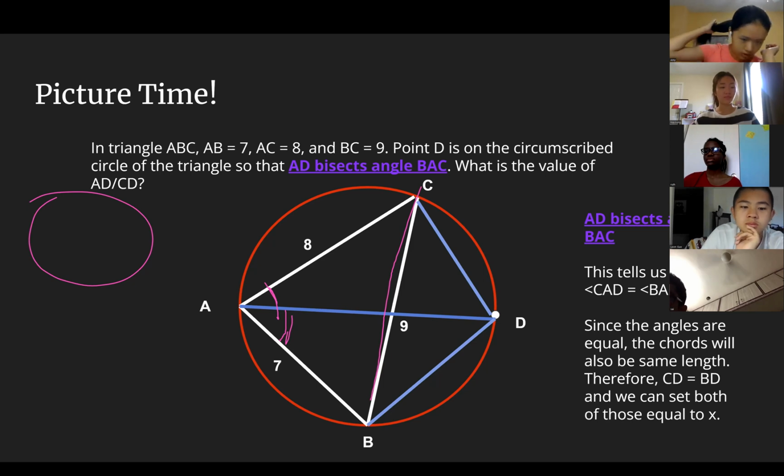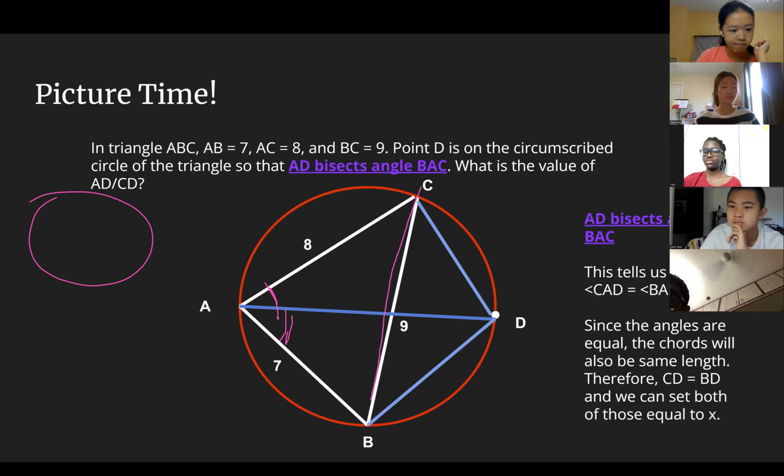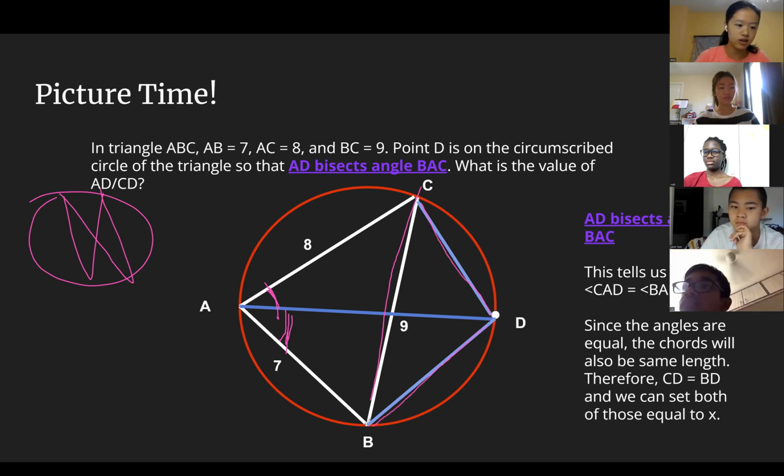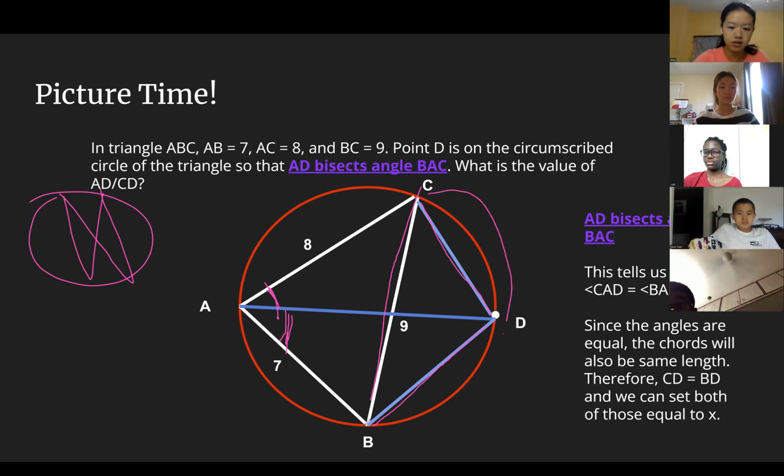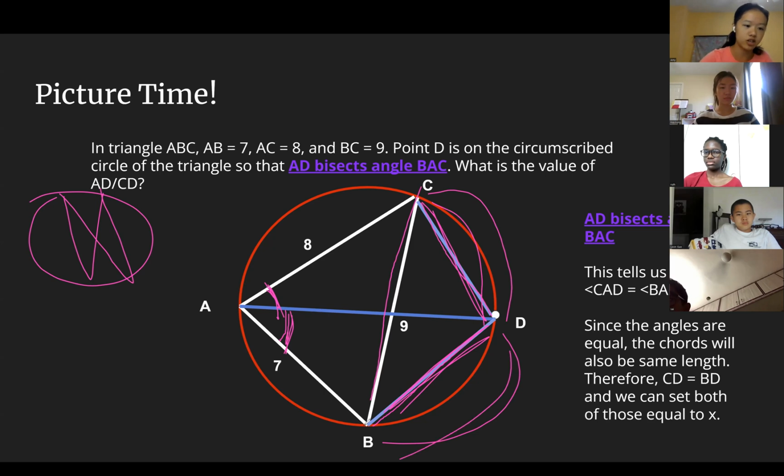We didn't exactly teach you this yet, so yeah, basically if the angles are the same, then the chords will be the same length, because if the angles are the same, then they're intercepting arcs that are of the same degree. So that means the angle of arc CD would be equal to the angle of arc CB, because these inscribed angles have the same angle. So that would be why their chords have the same length as well, is because these arcs have the same degree measure.